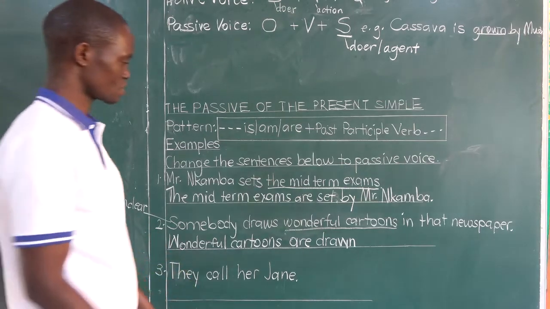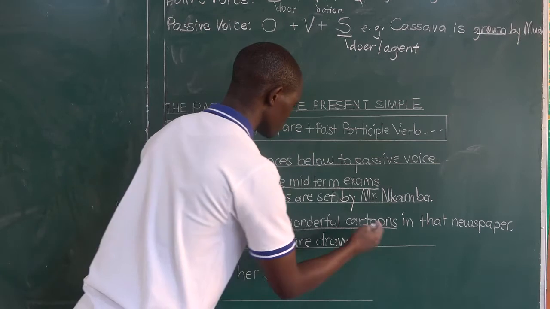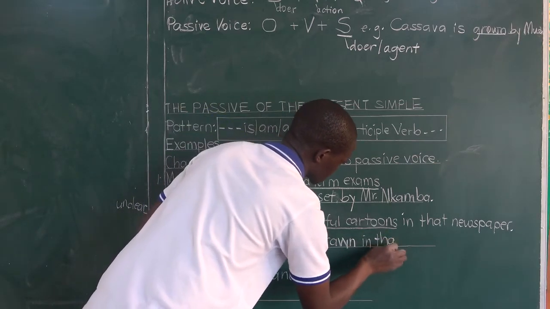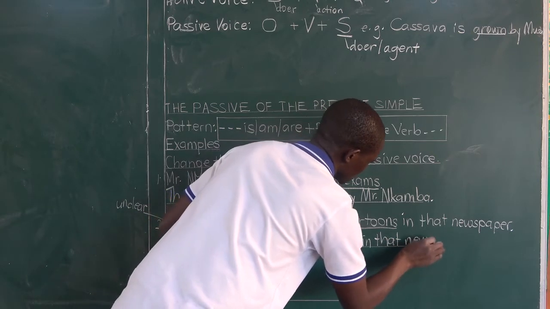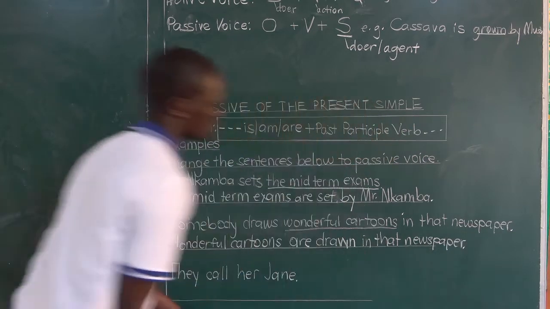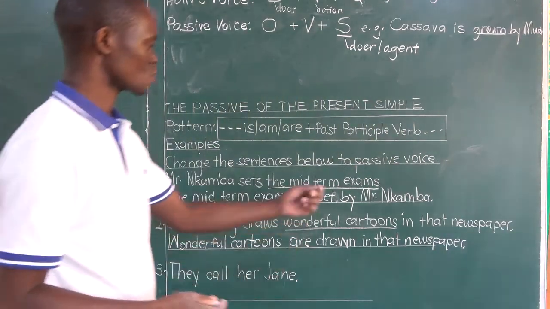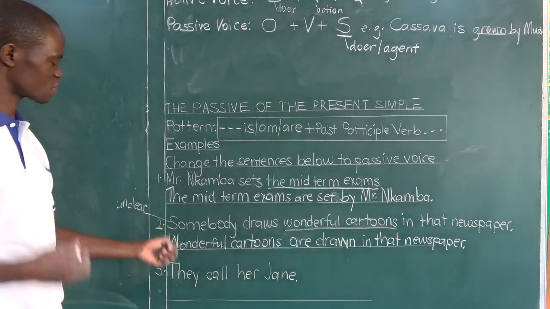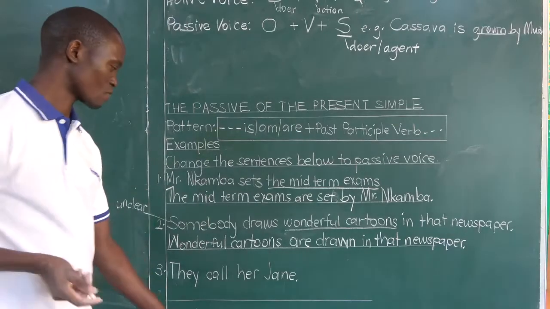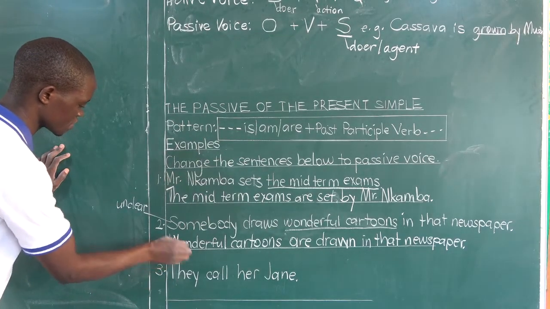We can't mention it in the passive. So we say, wonderful cartoons are drawn in that newspaper. In that newspaper, one word. Full stop. That's the end of our sentence. Would you risk and say, wonderful cartoons are drawn by somebody in that newspaper? Very wrong. Somebody has no place in the passive voice.